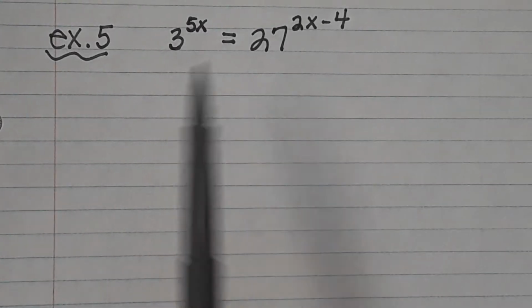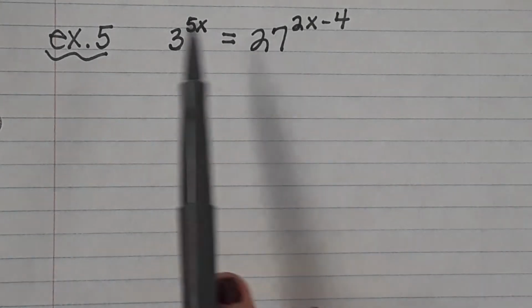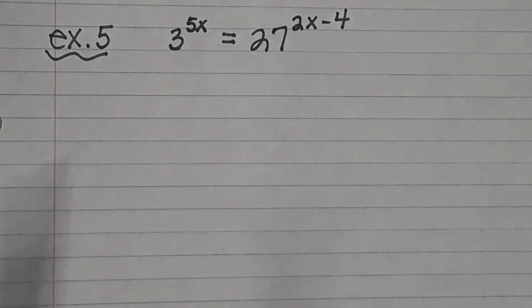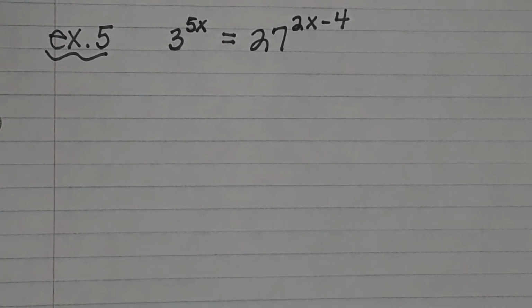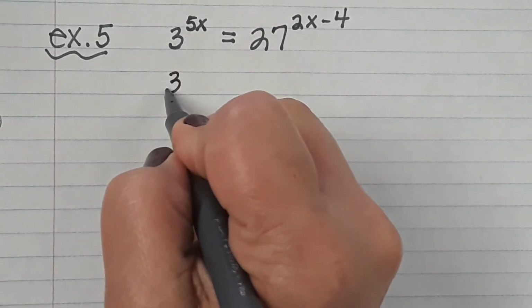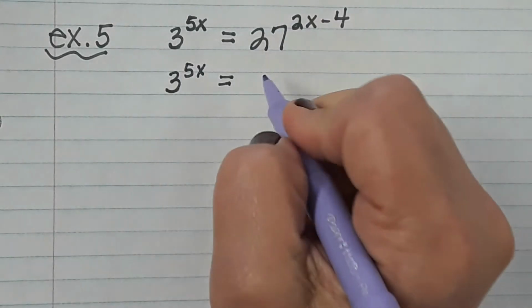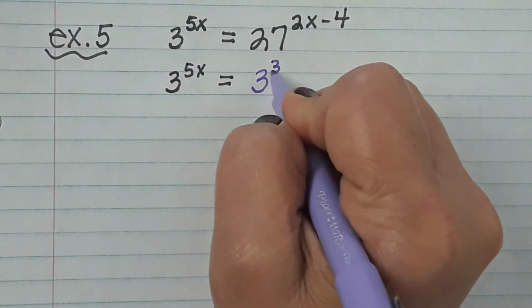Okay, so 27 is the larger number, 3 is my base. Can I write 27 in a base of 3? Yep, I sure can. How many 3's does it take to get 27? 3. So we're going to leave this one. We're going to rewrite 27 as 3 to the 3rd power.